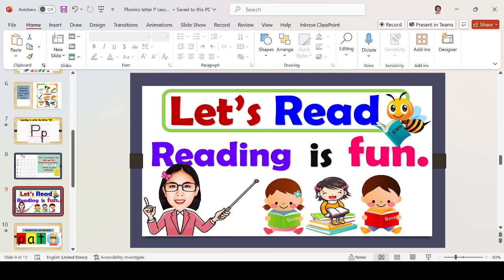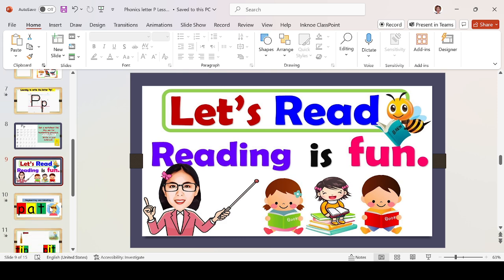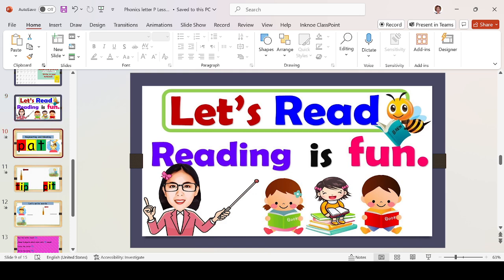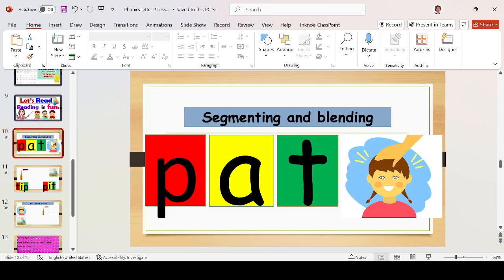Now let's read. Reading is fun. We said one of our objectives is to be able to read. Okay, so we have done the writing part. Now we are reading the words with the P sound. We don't have many words. Okay, so the thing is we are going to read only words with the P sound using the letters that we have learned so far.